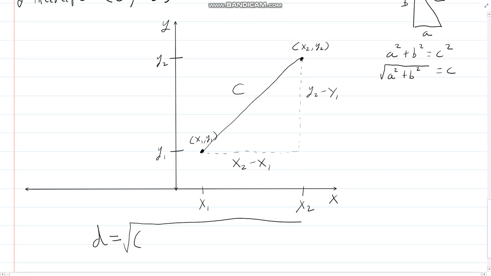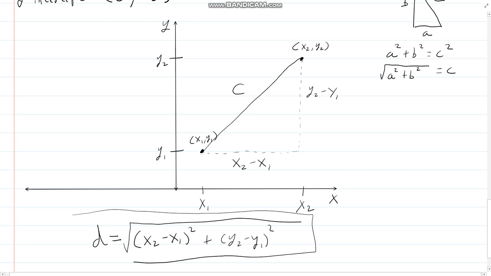I need to put that in parentheses, x2 minus x1, and that's squared because of the formula. Now, our b is our y2 minus y1, squared, and that is our distance formula. So if you have 2 points that you want to find the distance between, you can use this formula to actually find it.